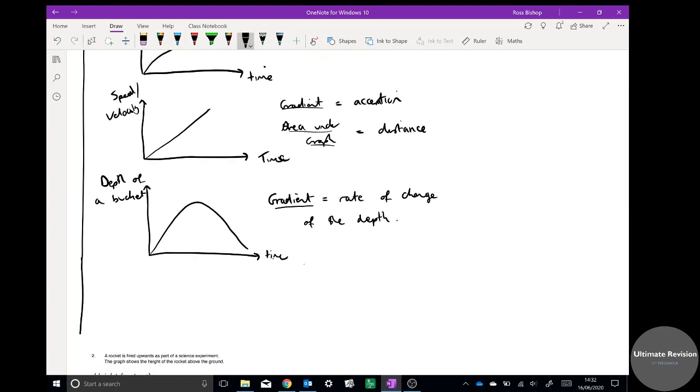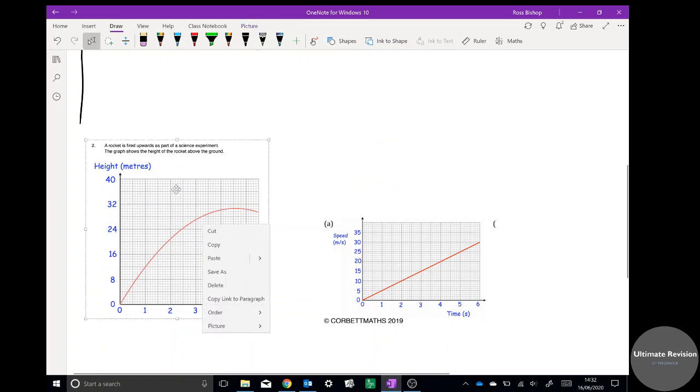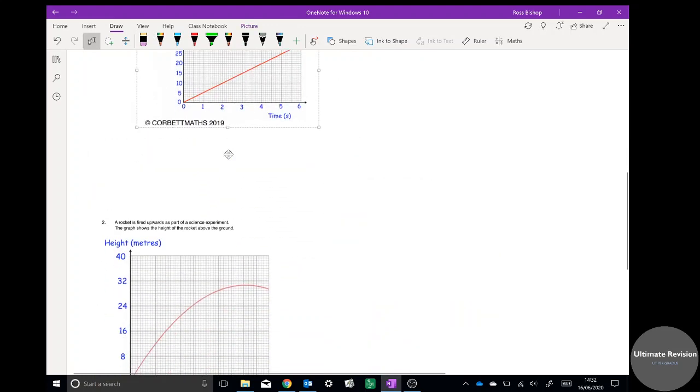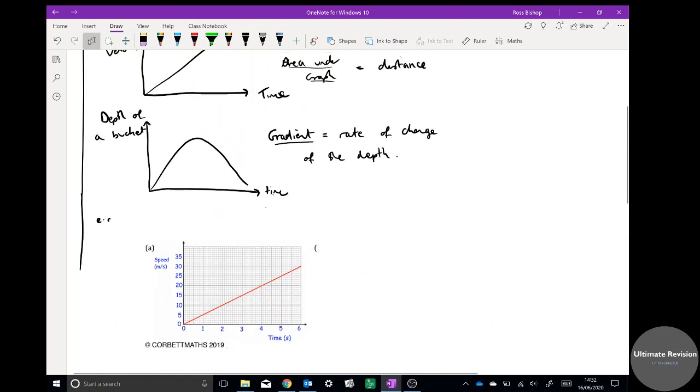Right, if we look at an example now, example 1, this is a slightly easier example. Find the acceleration of the graph below. That could be a graph of a car, a boat, or anything that moves.